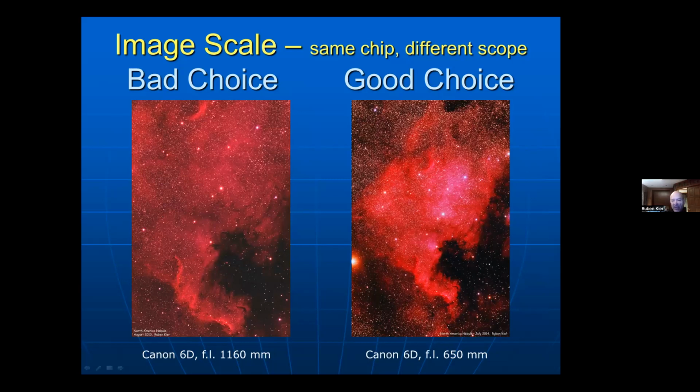But if I take this to a shorter focal length refractor with half the focal length, same camera, same photographer, same object, you get a lot more interesting detail because you get more context and you can actually see the full length of the object.